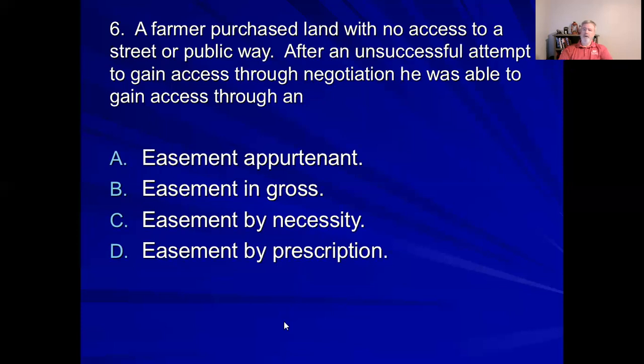Going on to number 6, a farmer purchased land with no access to a street or public way. After an unsuccessful attempt to gain access through negotiation, he was able to gain access through a, well, first of all, let's make sure we understand this.